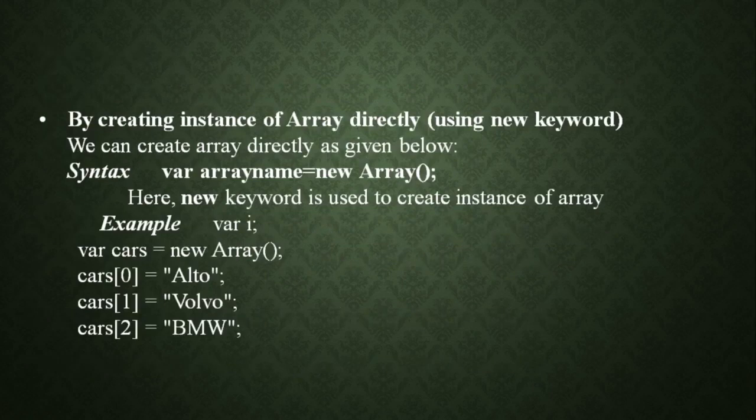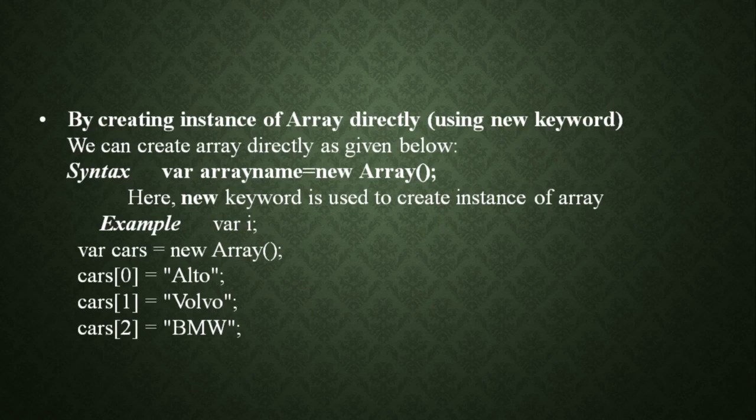And the third way is representing the instance of an array directly. Here, if you observe, I am specifying new Array. A new keyword is used to create an instance of an array.